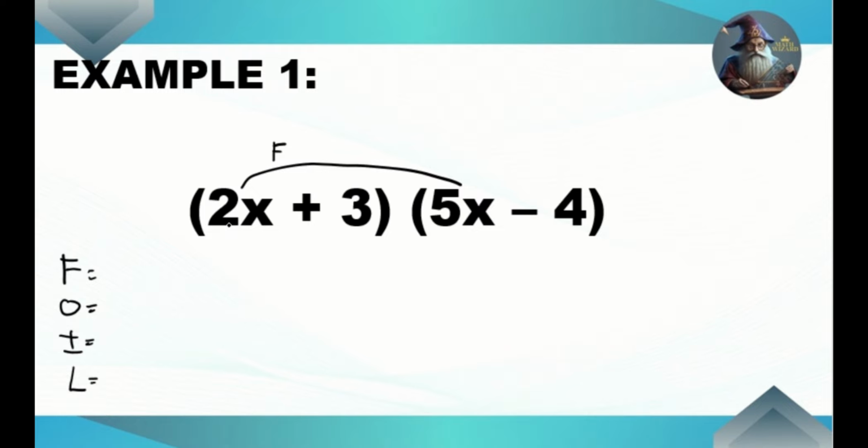What are we going to do? We multiply 2x and the 5x. 2x multiplied by 5x is equal to 10. Both have x, right? Meaning, x times x is x raised to the 2. So, this 10x squared, we put it here.